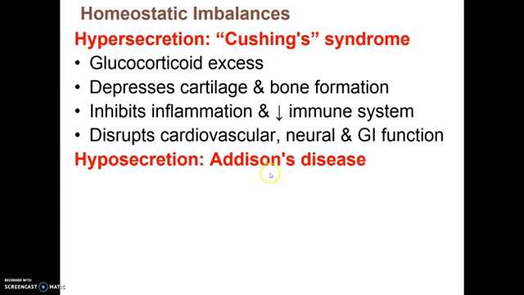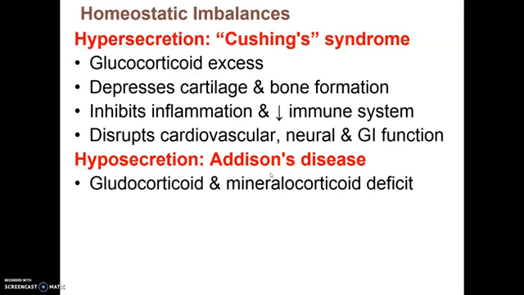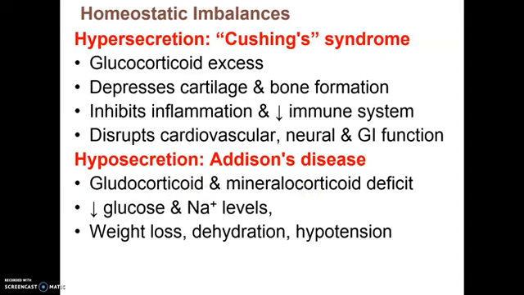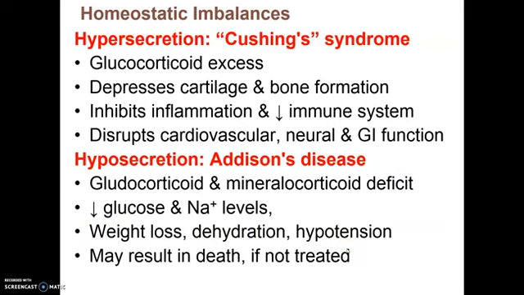Hyposecretion will cause Addison's disease. Addison's disease is due to the deficiency of glucocorticoids and mineral corticoids. So during Addison's disease, the person will lose weight, they will be dehydrated, and they will have low blood pressure.